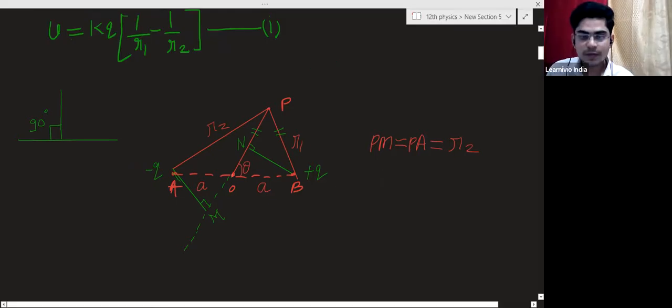So I can write PM as OP plus OM, and this will be equal to R2.